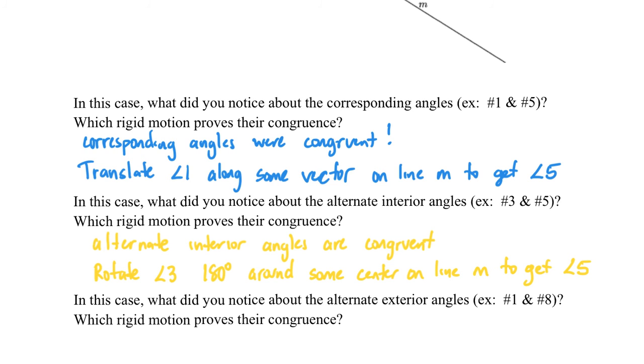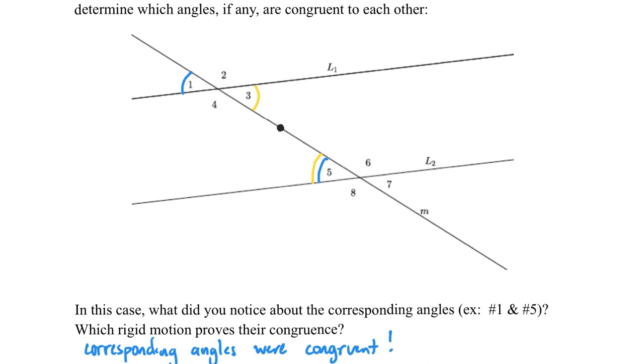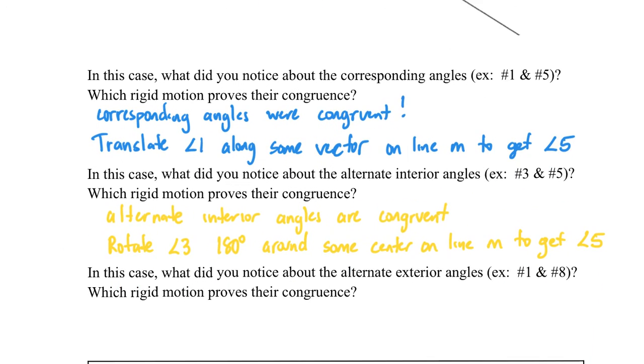So lastly, we want to take a look at alternate exterior angles, which would be like number 2 and number 8. So number 2 and number 8 would be alternate exterior angles like we discussed on the last slide. And it turns out, again, if I just take angle 2 and I rotate it around that same center, 180 degrees, I'm going to get to angle 8.